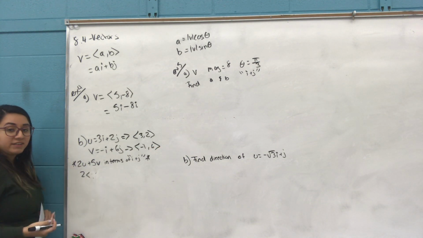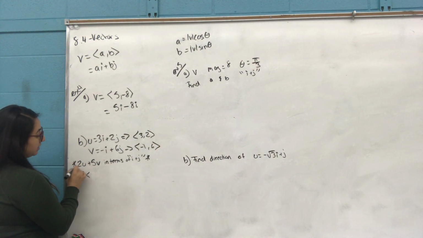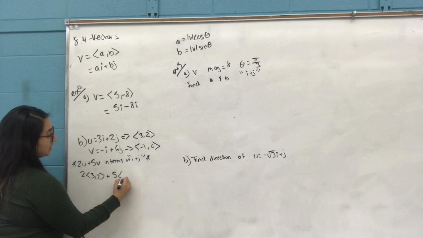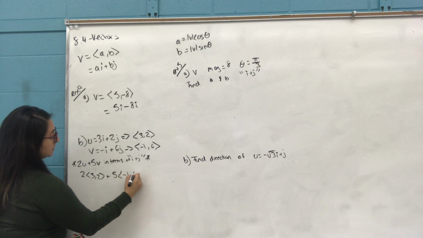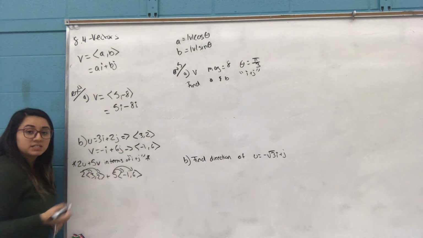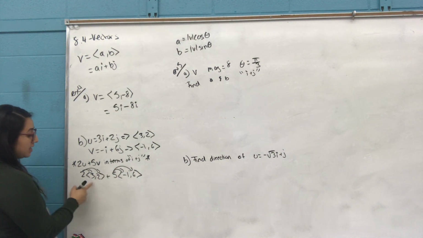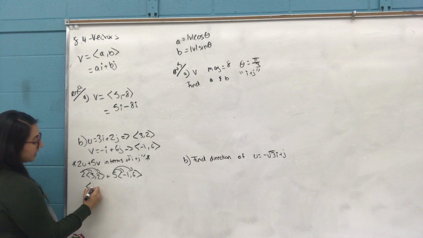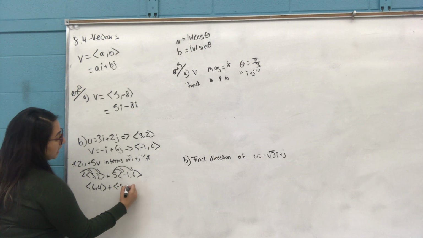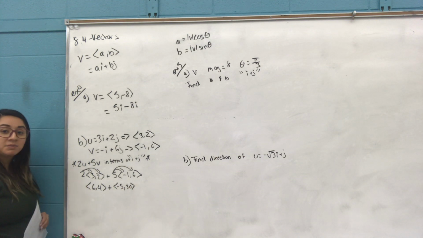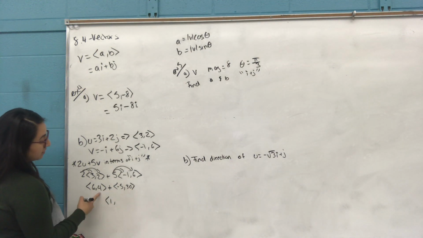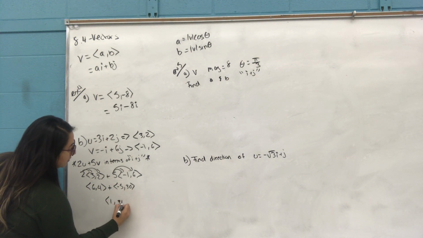So 2u plus 5v, all I'm doing is 2 times vector u, which is <3, 2>, plus 5 times vector v, which is <-1, 6>. Remember what I said? It's like distributive property. When you have parentheses, you're going to multiply 2 to every value between the two brackets. It's going to be <6, 4> plus <-5, 30>. Simplifying it even more, 6 plus -5, I get 1. 4 plus 30, I get 34.